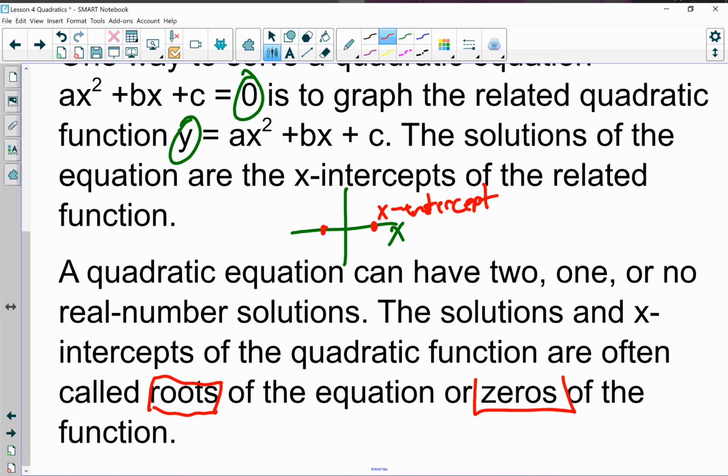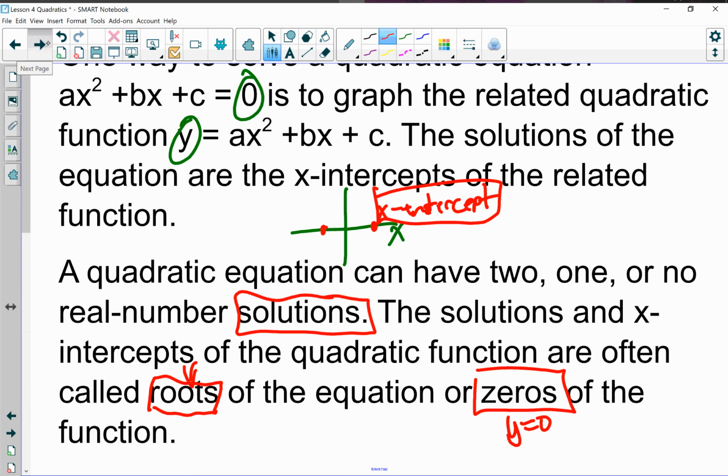They're also called zeros, or they're also called solutions. So all 4 of these words are interchangeable. So when we look for the answers of these quadratic equations, we're looking for those x-intercepts, the solutions, the roots, and we'll explain a little bit where you get the roots from, and zeros because y equals 0. That's why they're called zeros.